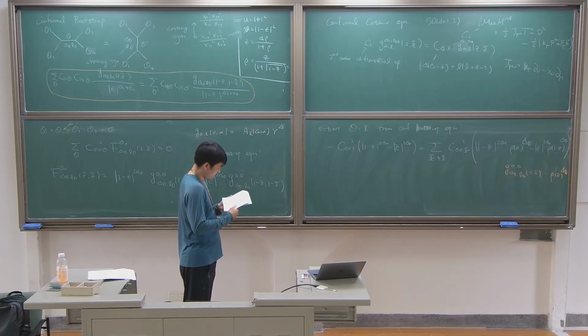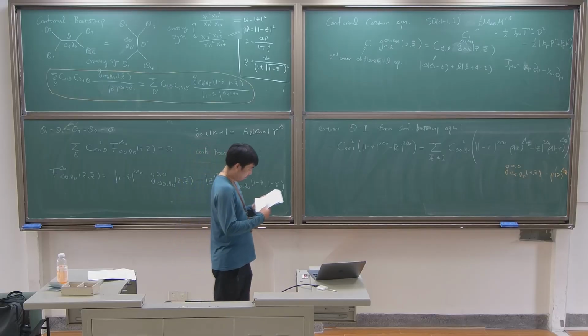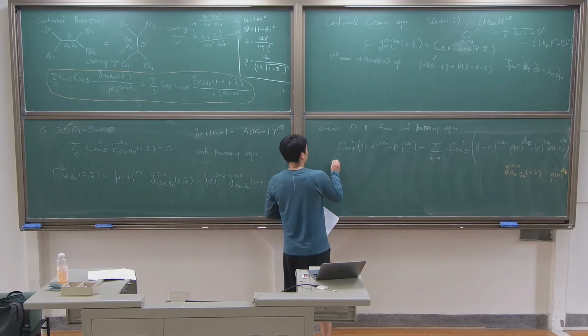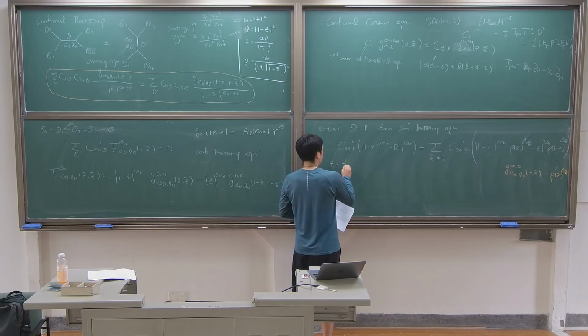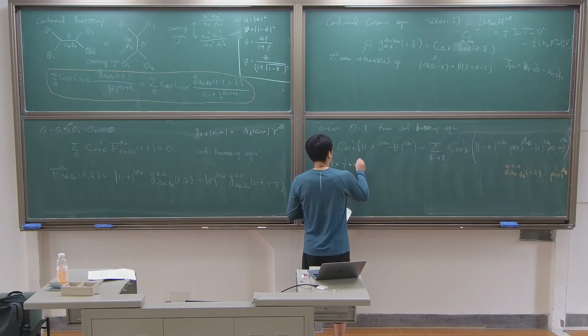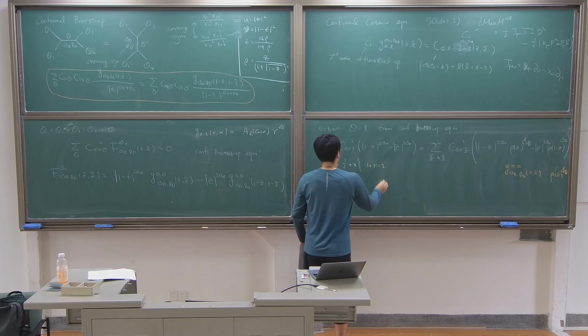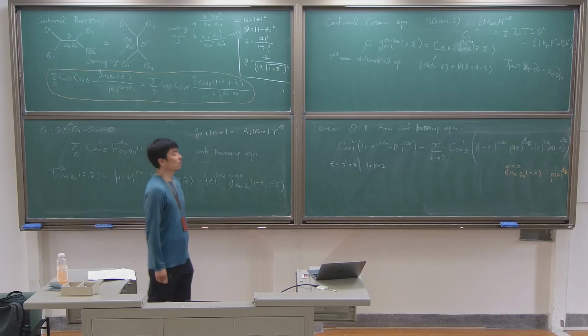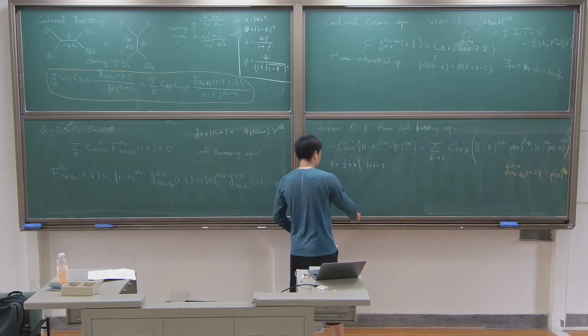Then you just expand when Z is around very small: set Z equal to 1/2 plus X, where X is very small, and do the expansion for the left hand side.